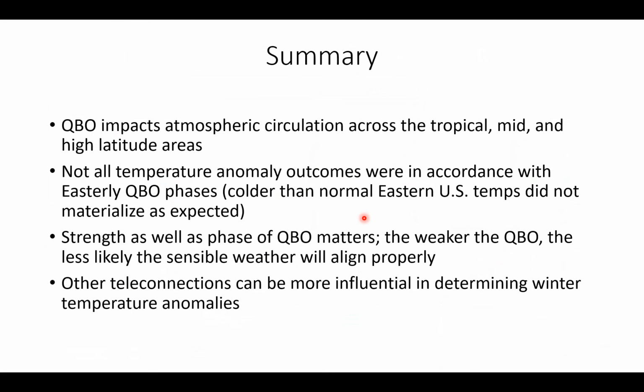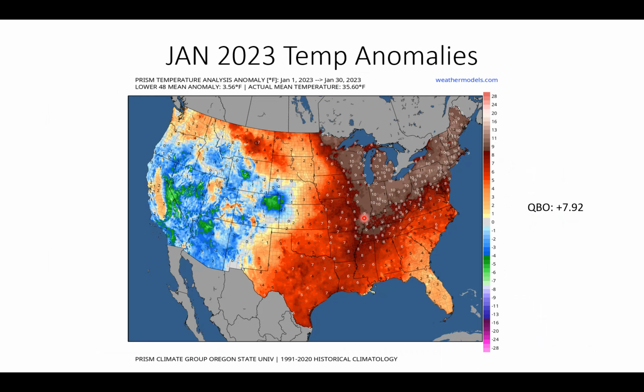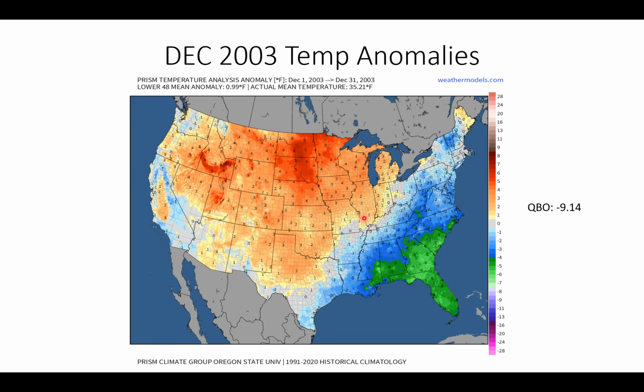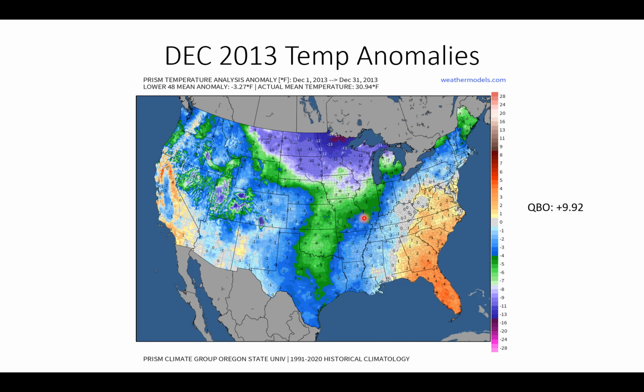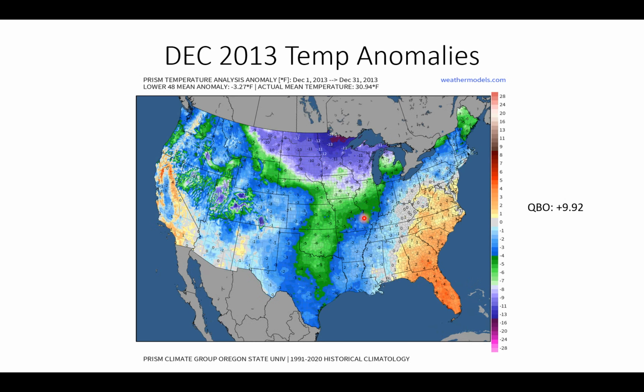Not all temperature anomaly outcomes, when I looked at this, were in accordance with easterly QBO phases. In other words, not all temperature anomalies were colder than normal in the eastern U.S. I didn't show you any of those graphics, but like all these monthly outputs, I'm showing you these mean temperature anomalies. We looked at what actually lines up fairly well with the phase of the QBO, whether it be positive or westerly versus negative or easterly.